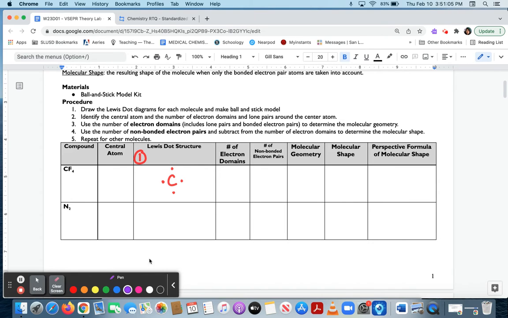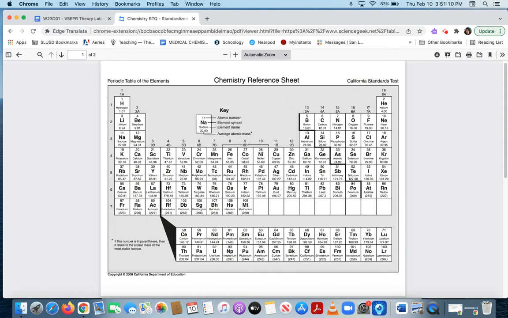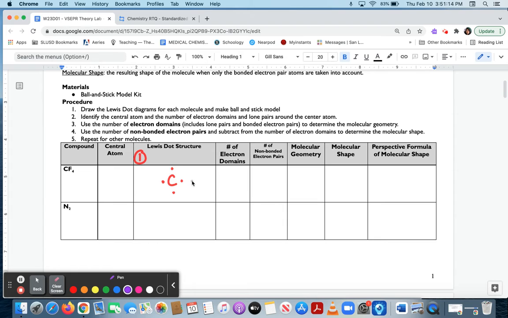So for F, if I looked up F on this periodic table, it's in group 7A, so it's going to have 7 valence electrons. Recall that I need to connect all of the single electrons on each side of the element. So F, after I draw it, I'm going to connect these 2 single electrons. Notice that there are 4 Fs, so I need to connect the rest of the Fs like so.